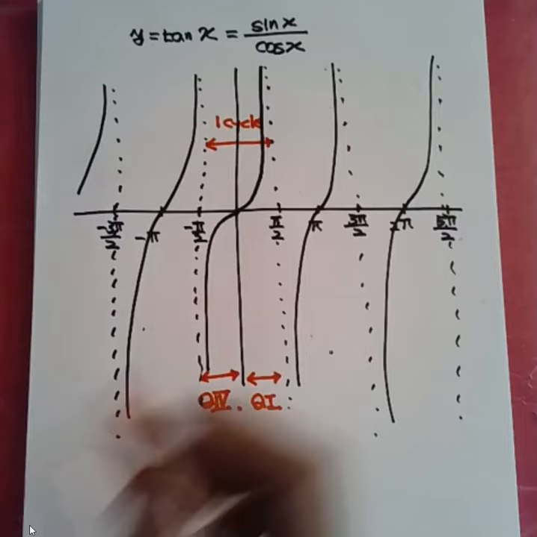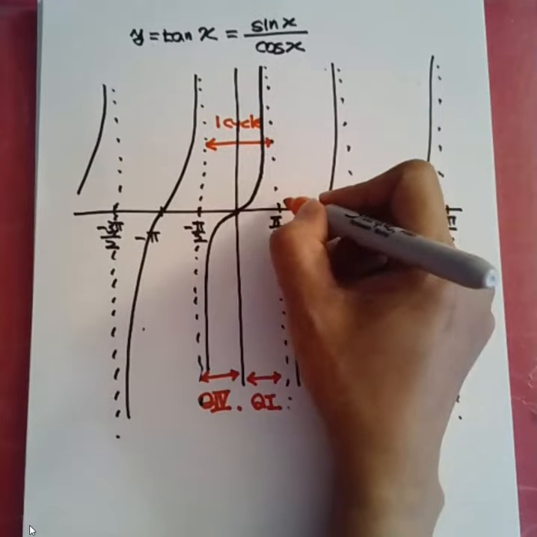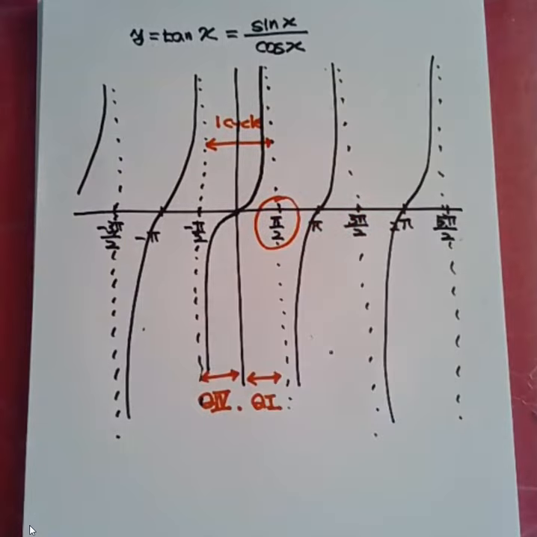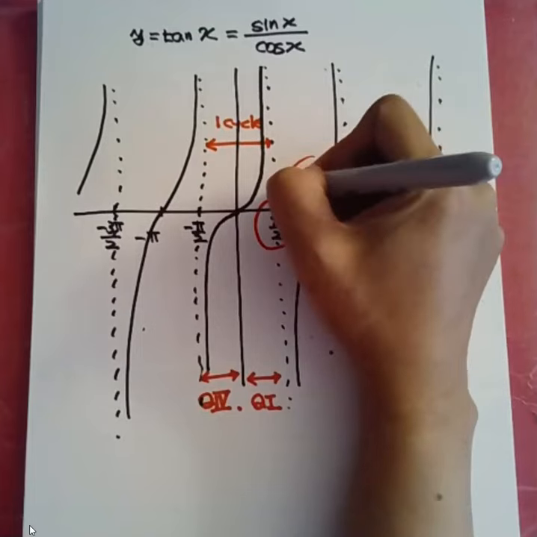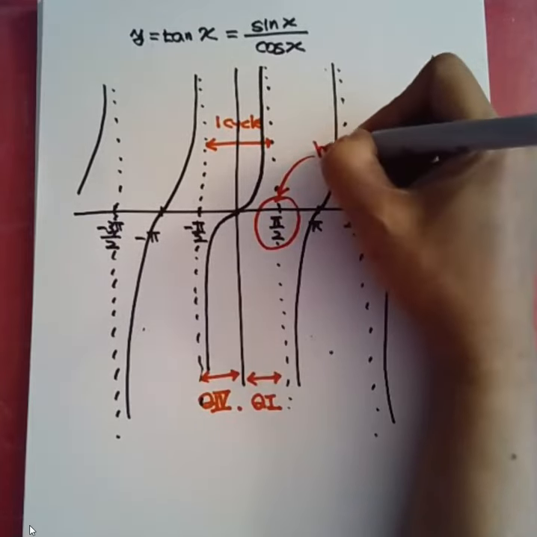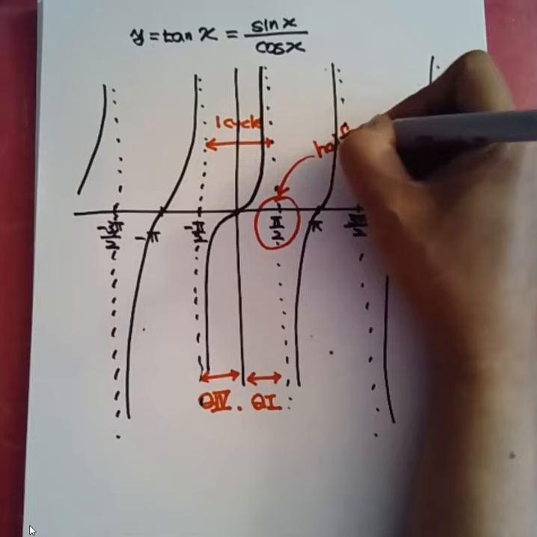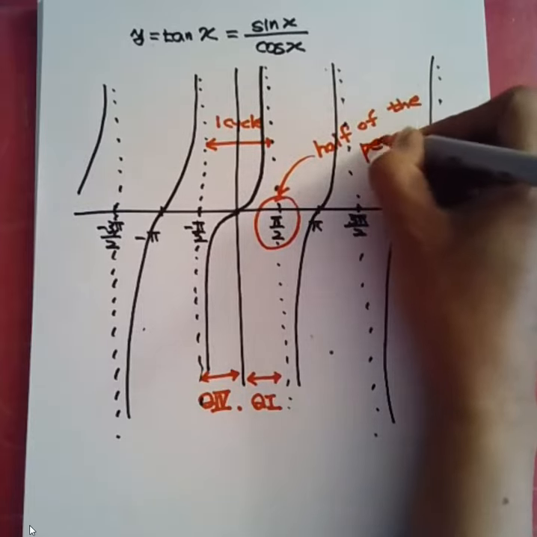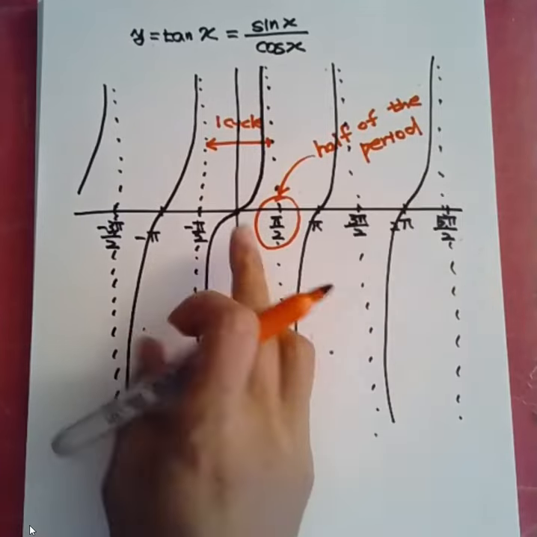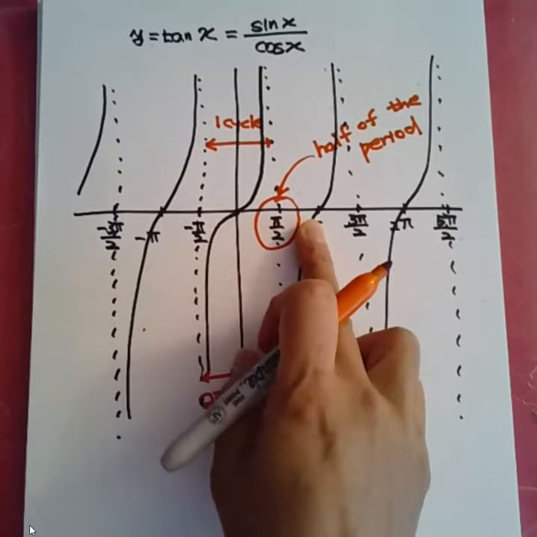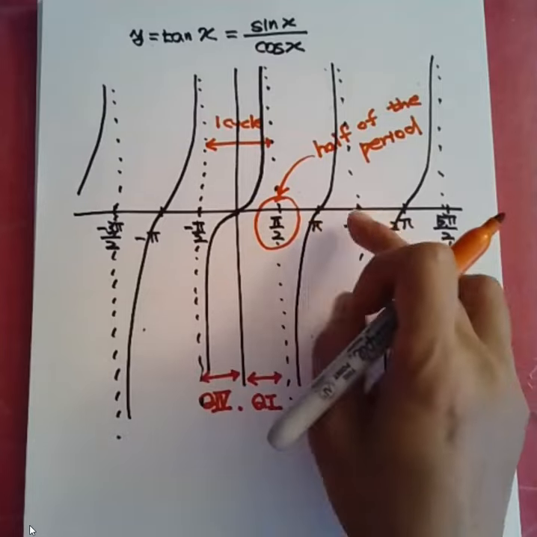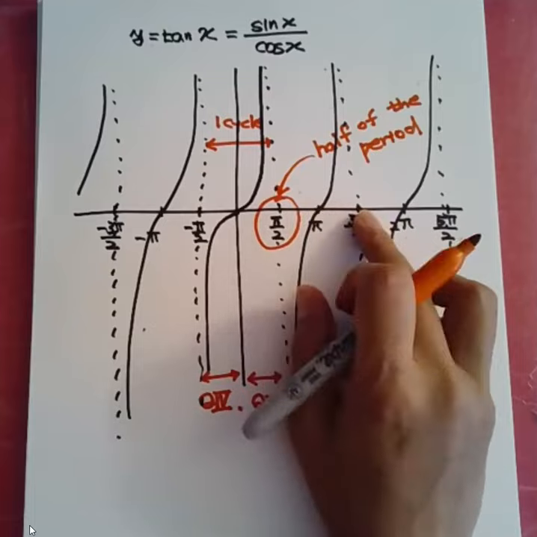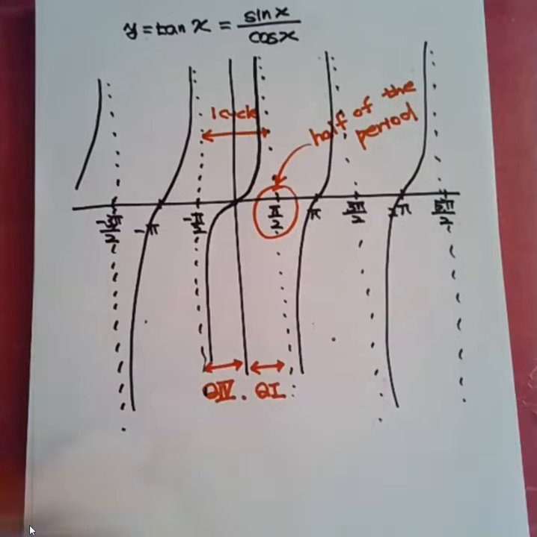Another important thing you have to remember is that when the first vertical asymptote appears, that is identical to half of the period. If you go another half of the period, then you will hit 0, and then if you add another half of the period, then you will get the vertical line.